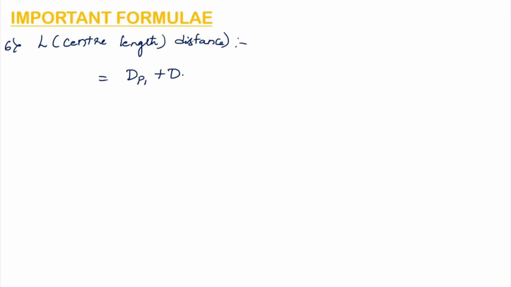The next one is L, that is the center length or center distance. That is given by dP1 plus dP2 divided by 2, or T1 into m plus T2 into m divided by 2.